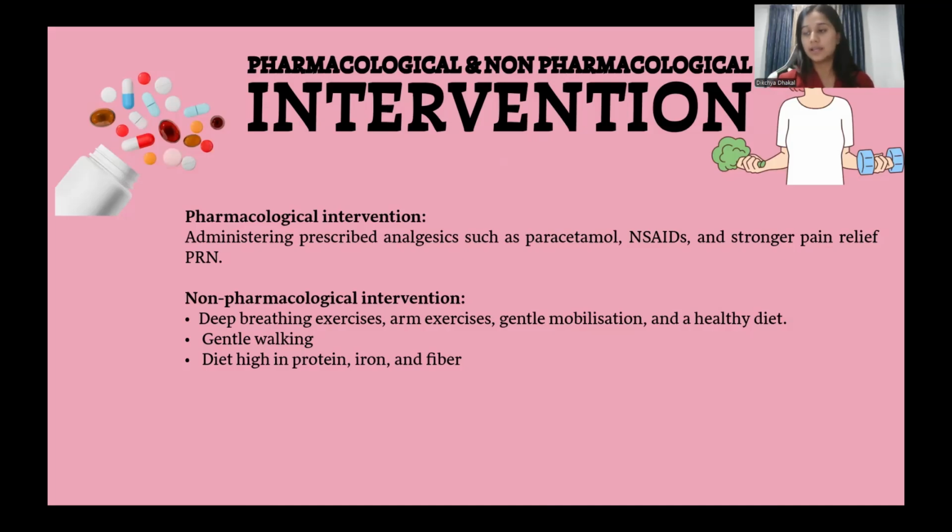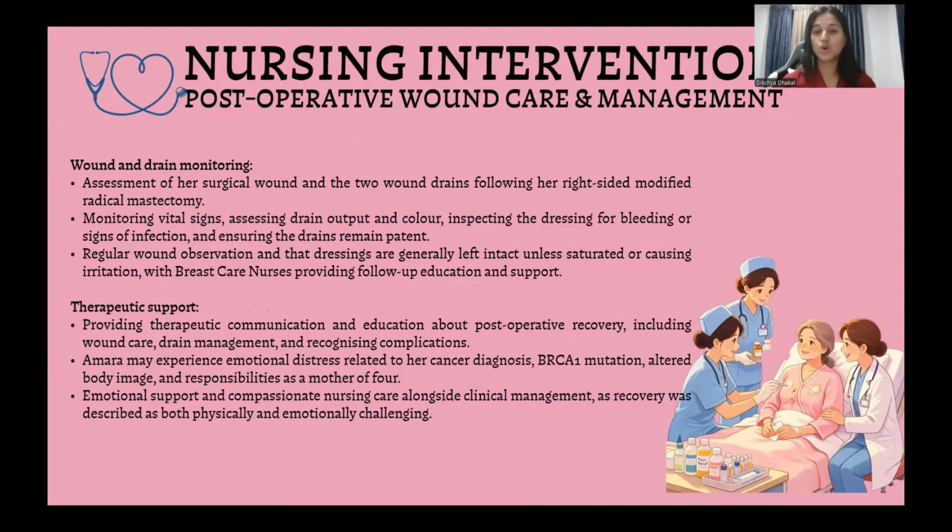Further, explaining about post-operation, I will be mainly covering wound care, wound drain monitoring, and therapeutic support. A nursing intervention for Amara is ongoing assessment of her surgical wound and the two wound drains following her right-sided modified radical mastectomy.